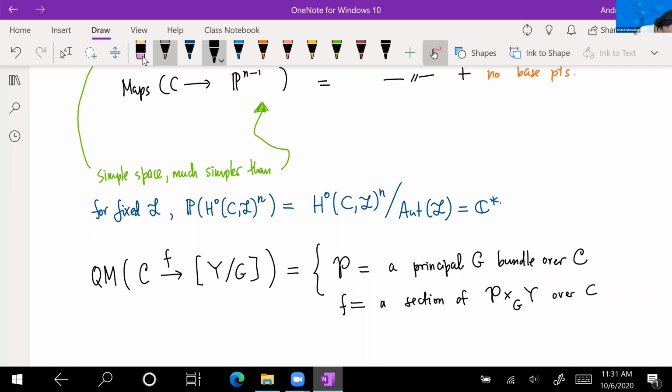So you have a bundle over C, and you ask for a section.